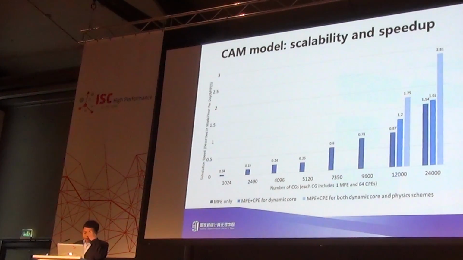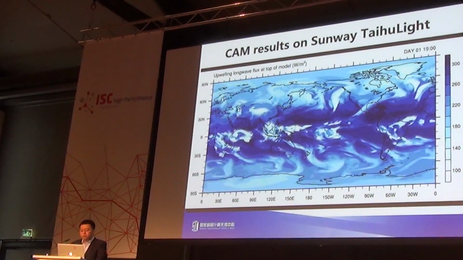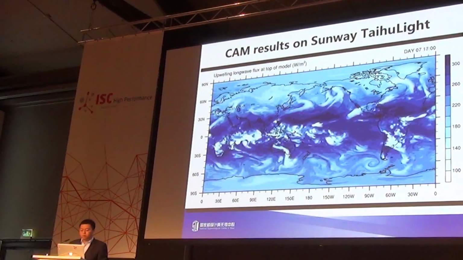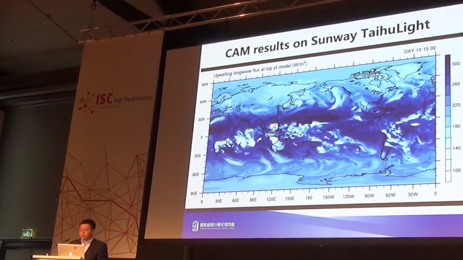By using both the MPE and CPEs, we only achieve roughly 2 times speedup compared against the case where we use the MPE only. But we see this as a good starting point for us to continue working on the tools and our porting approaches to achieve good utilization of this new system. So these are some results that we have achieved by using this porting model on the Sunway TaihuLight.